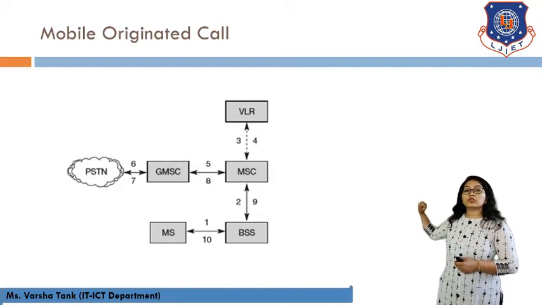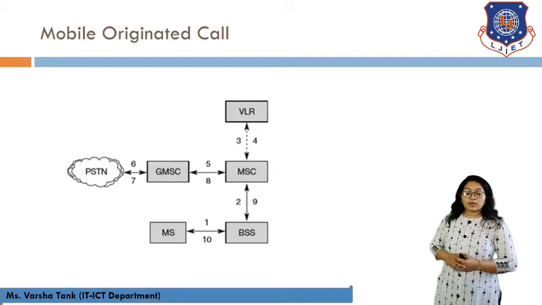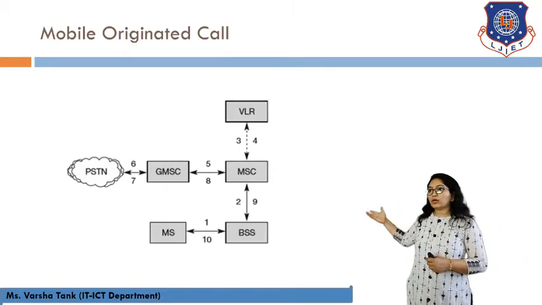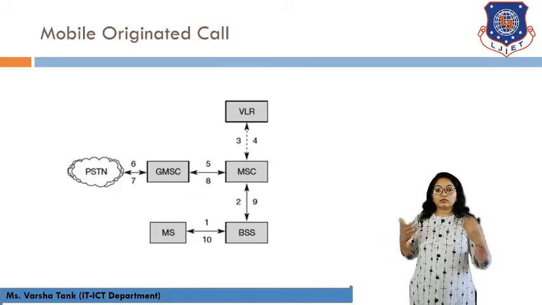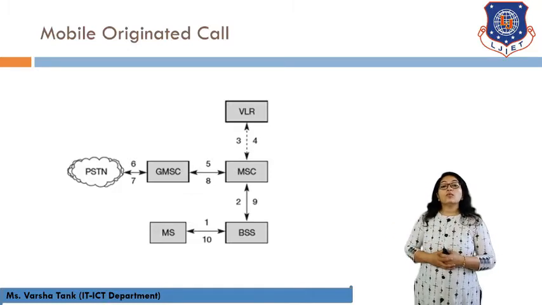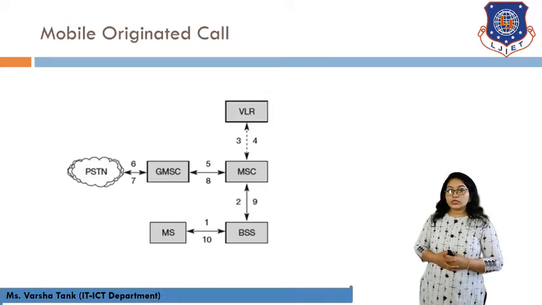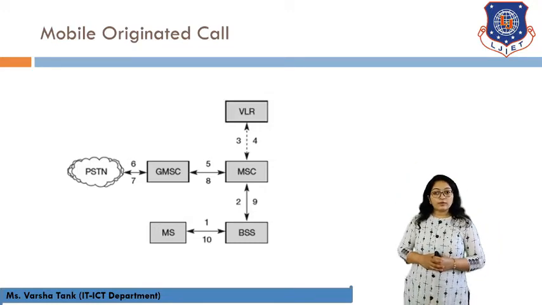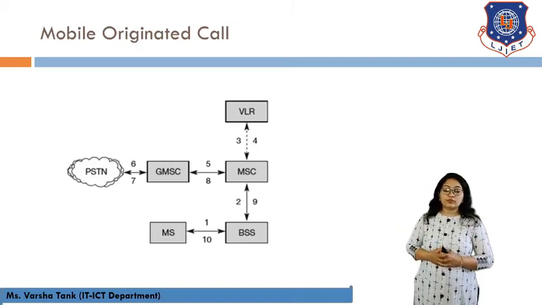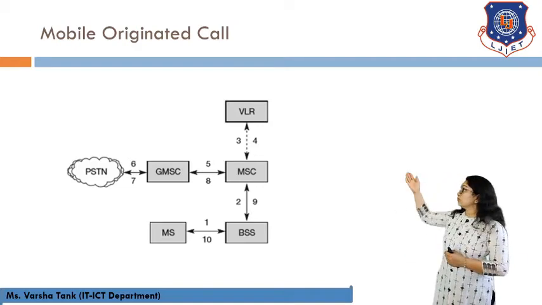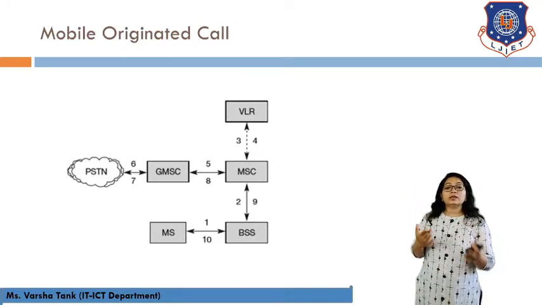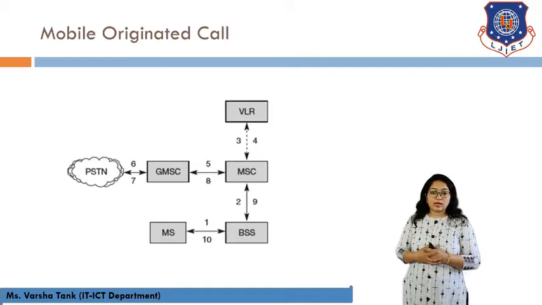First of all, the MSC checks in the VLR where that particular device is and in which network it lies. It will get all this information from the VLR. The VLR replies back to the MSC.